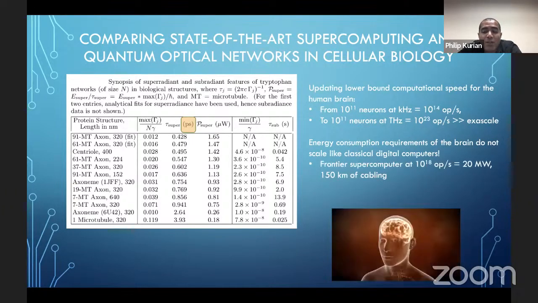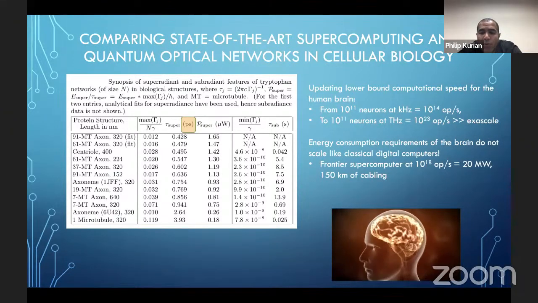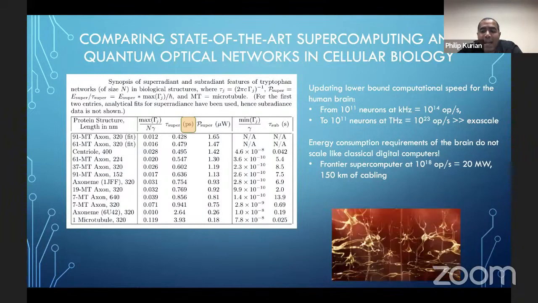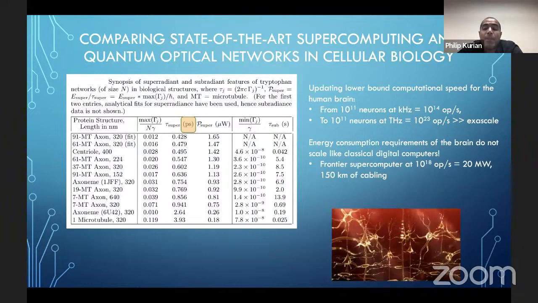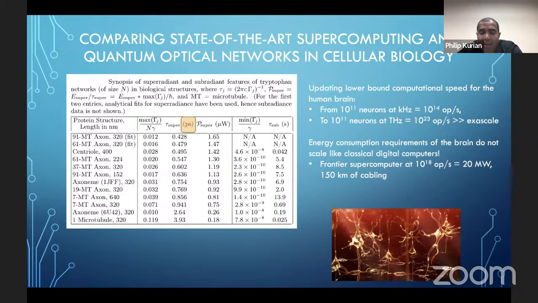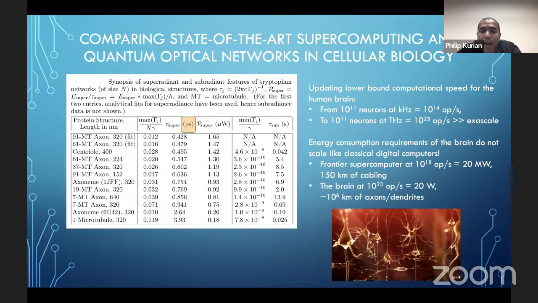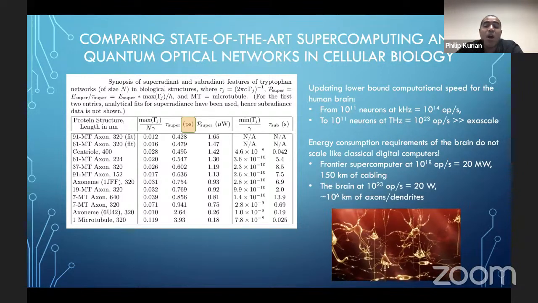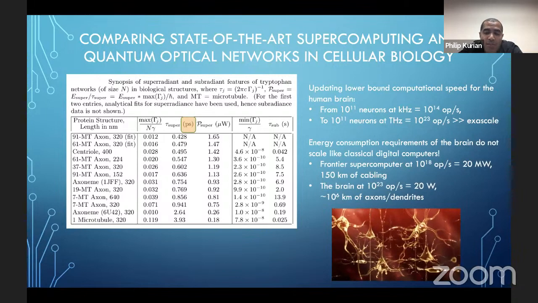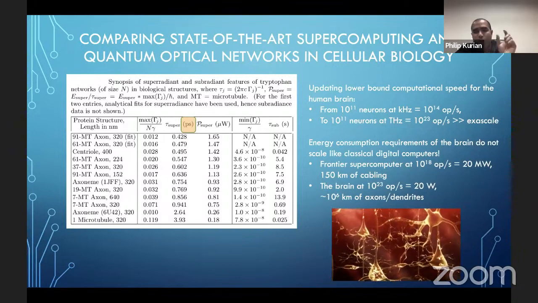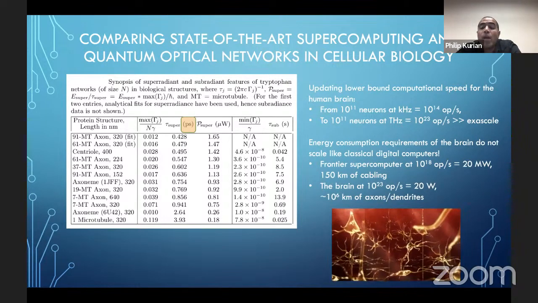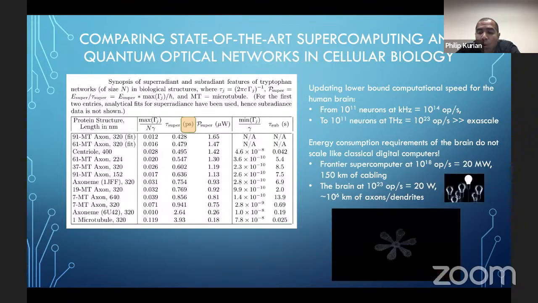The Frontier supercomputer, our state-of-the-art supercomputer at Oak Ridge, operates at exascale, at about 20 megawatts. In the human brain, we have almost 6 orders of magnitude beyond exascale, granted for short times, but we operate on less power than a 60-watt light bulb.